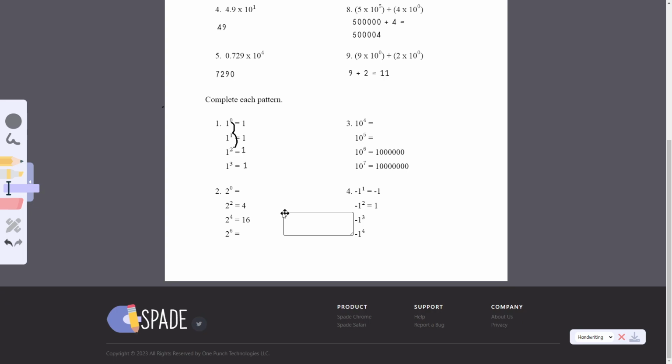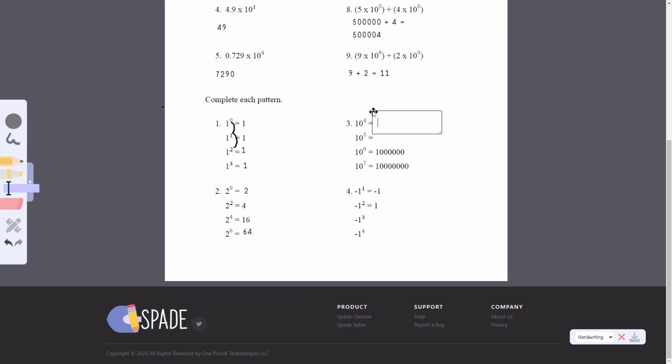Number 2, 2 to the 0th power, 2 times 1 would be 2. 2 to the 6th power, that would be 2 times 2 times 2 times 2 times 2 times 2. 2 times 2 is 4, 4 times 2 is 8, 8 times 2 is 16, 16 times 2 is 32, 32 times 2 is 64, so the answer here would be 64.